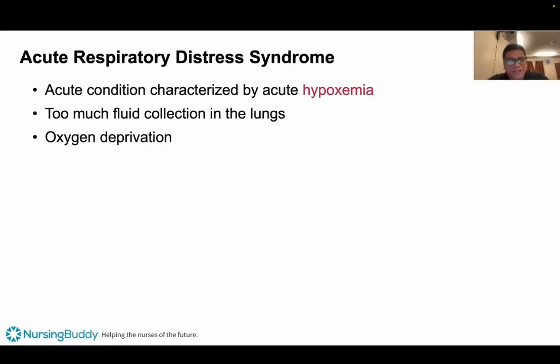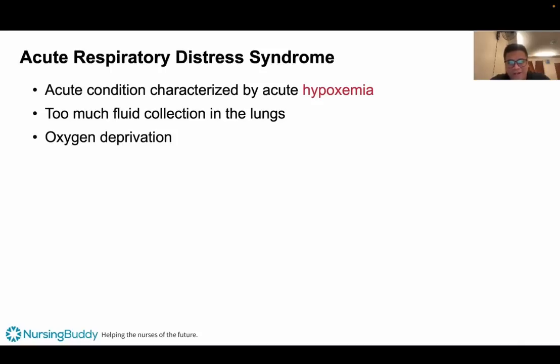Okay, another condition, kapatid, is acute respiratory distress syndrome, or ARDS. This is an acute condition characterized by acute hypoxemia. Dito po, it's where there's too much fluid collection in the lungs, hence nagkakaroon po tayo ng oxygen deprivation.